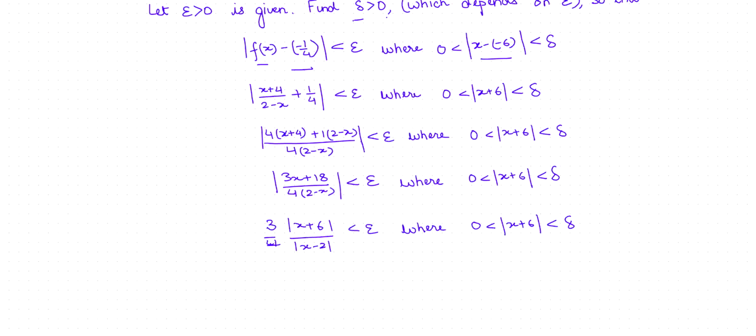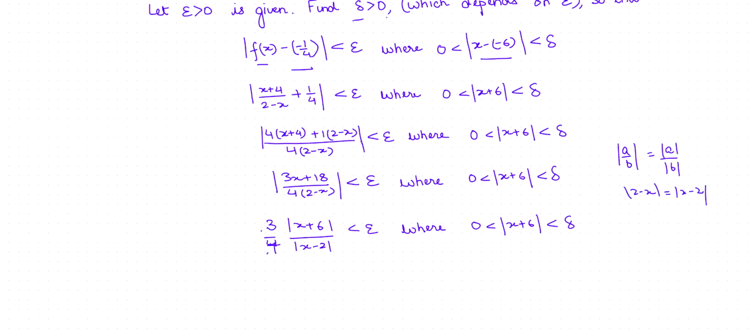So on simplifying, we see that in 3x plus 18 we can factor 3 out, we can factor 4 out, and as the absolute value of a over b, we can write it as the absolute value of a over the absolute value of b. And also 2 minus x, for simplicity, we can write it as x minus 2.